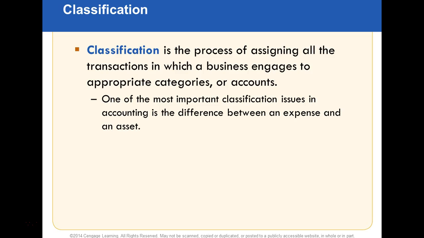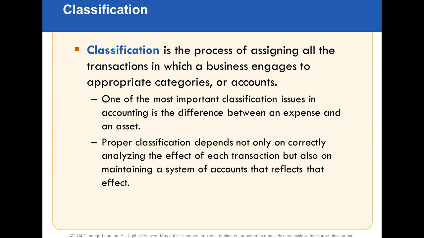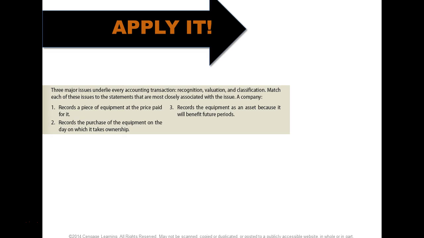And assets are resources that will provide future benefits. They are such as cash, buildings, equipment, accounts receivable, things that will give us a future benefit. Proper classification depends not only on correctly analyzing the effect of each transaction, but also on maintaining a system of accounts that reflect that effect.